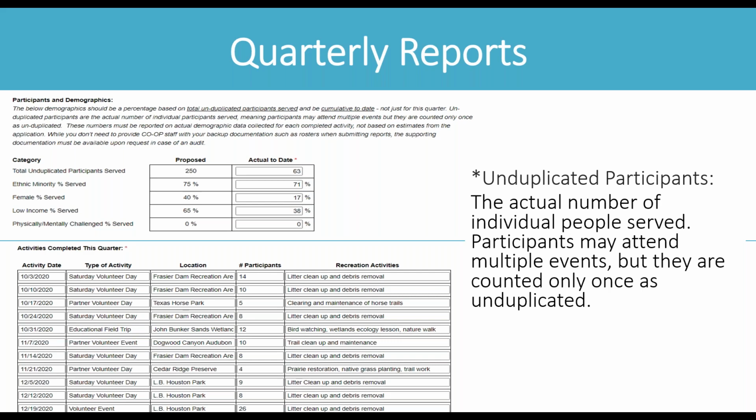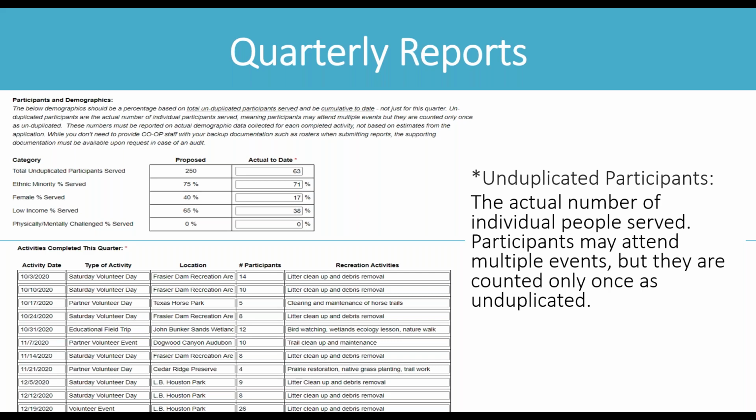Below that, it says activities completed this quarter. You'll enter your activities listed in your performance goals. And know that in this section, you only need to include activities during the current reporting quarter. So you don't need to repeat and enter activities that you did the previous quarter.